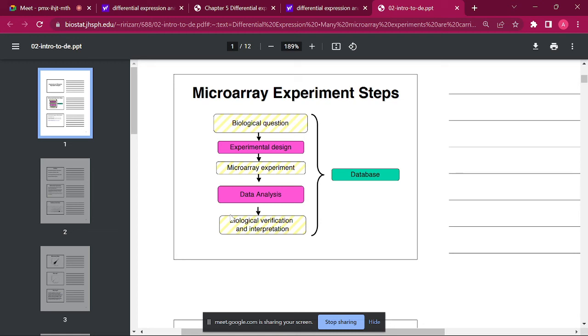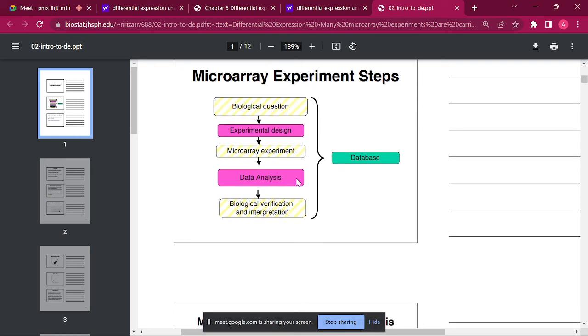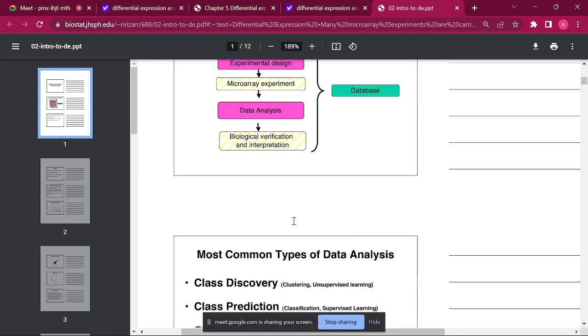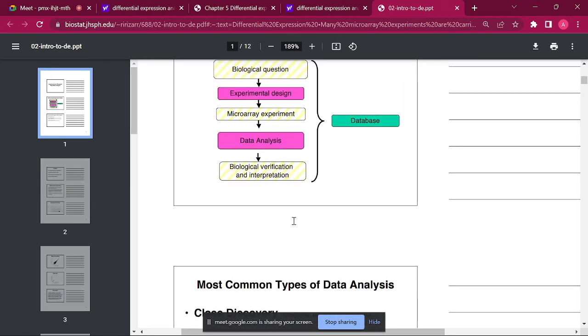If your question is somewhere between biomarker expression, biomarker discovery, or differentially expressed sets of genes, then you will perform a microarray type of experiment or NGS experiment, next generation sequencing experiment, for getting the sequences. Then after getting the data, you will have to perform the data analysis. And then after getting the results, you will have to biologically interpret and validate those results in the lab.